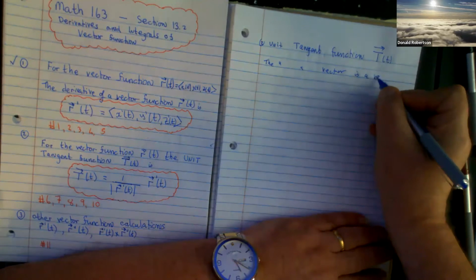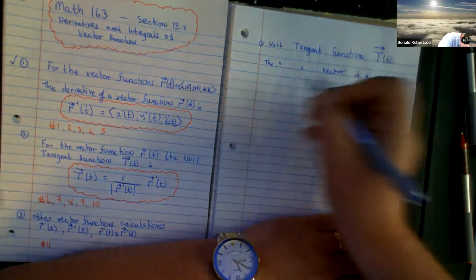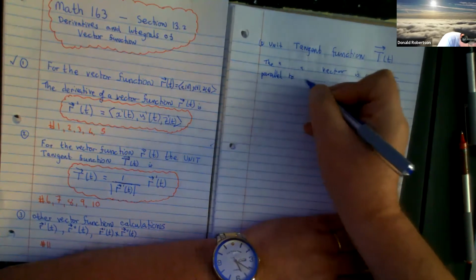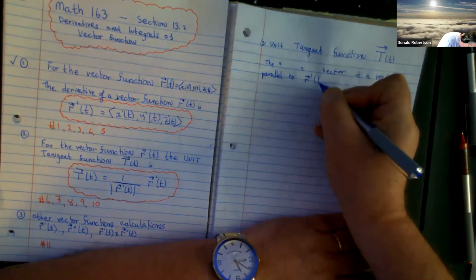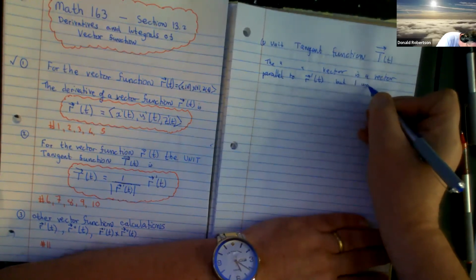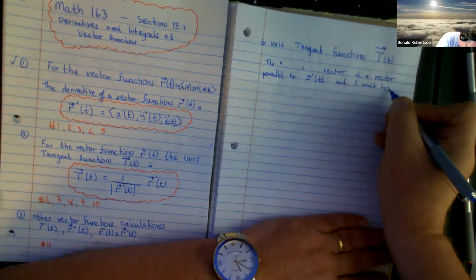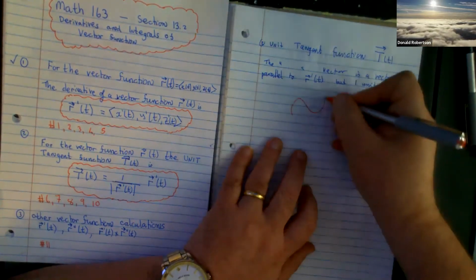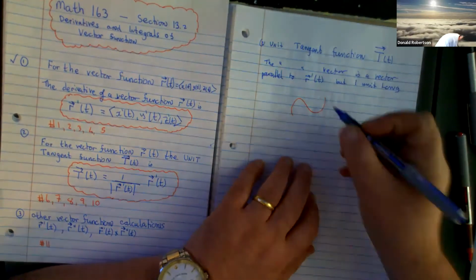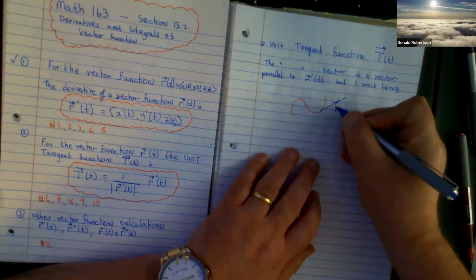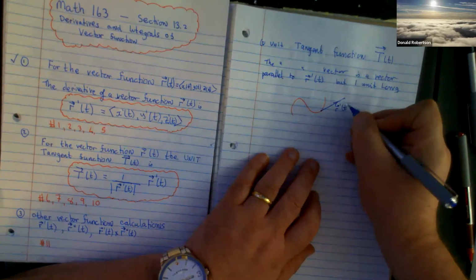It is a vector parallel to the first derivative at 1 unit long. So imagine you get your space curve doing its thing, and this is the point where we're going to get the derivative, right?